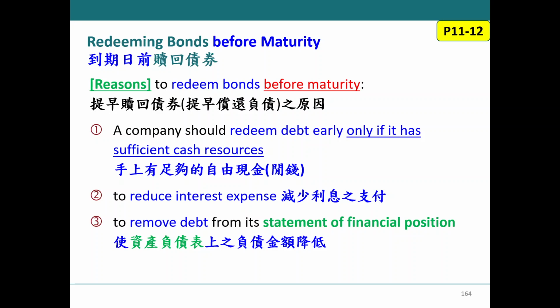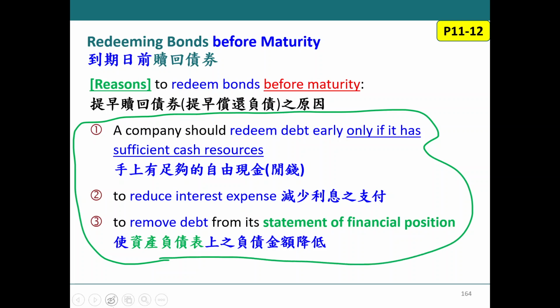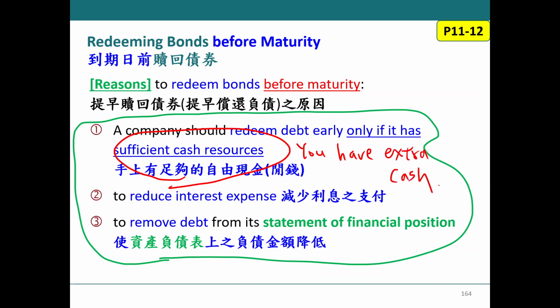This case is when you have the money, the most simple case. You have extra cash, so you decide to pay the debt.